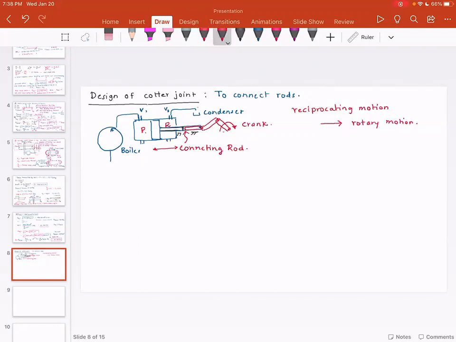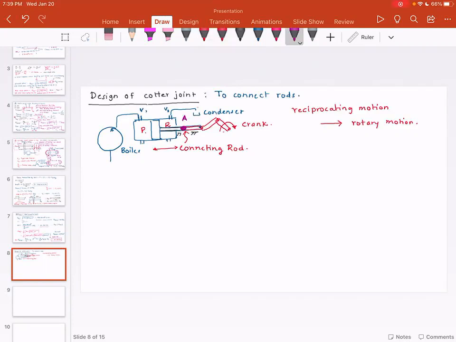So I'm going to call this point A. So there is a rigid connection at point A. This connection is connecting the rod on the left-hand side and the rod on the right-hand side so that the reciprocating motion is transferred. And how does this system or this assembly work?